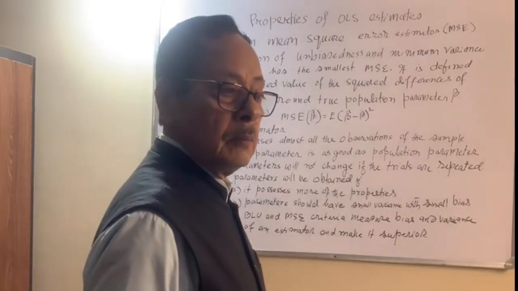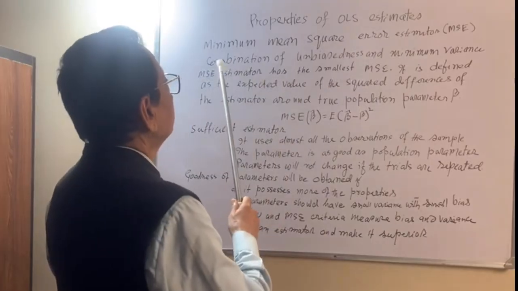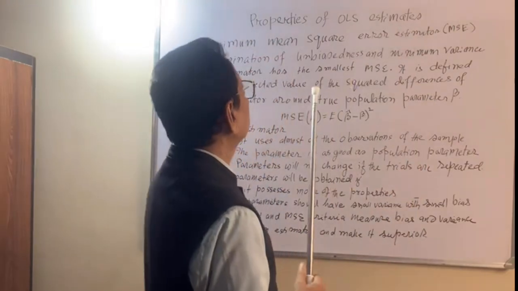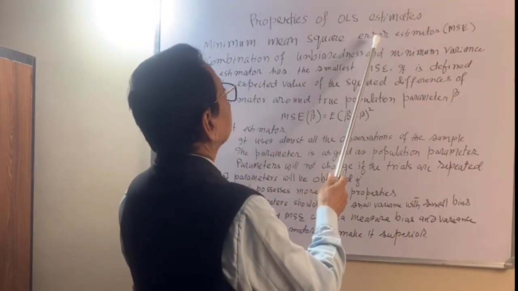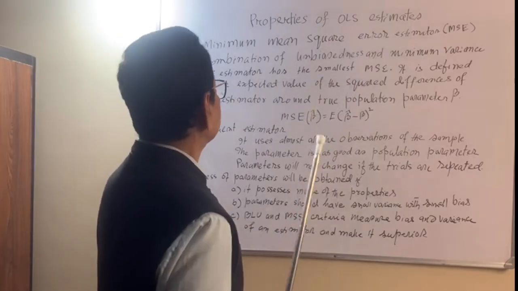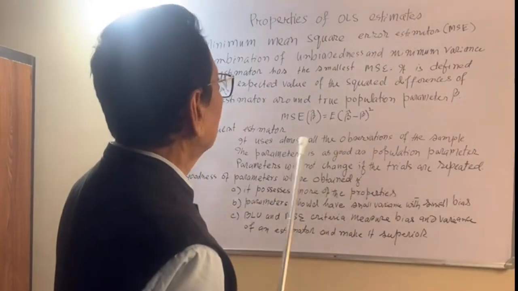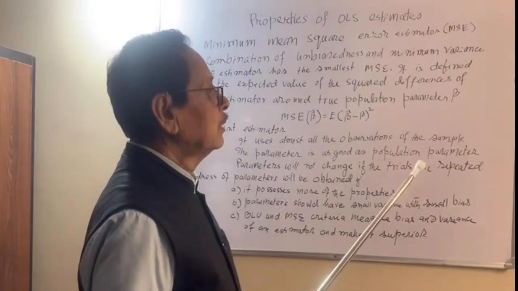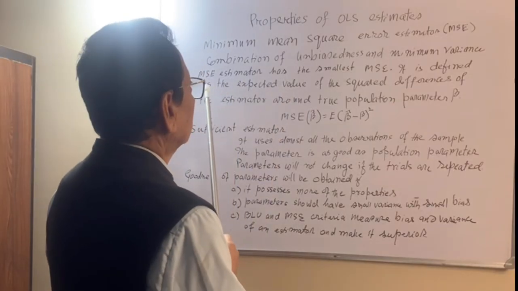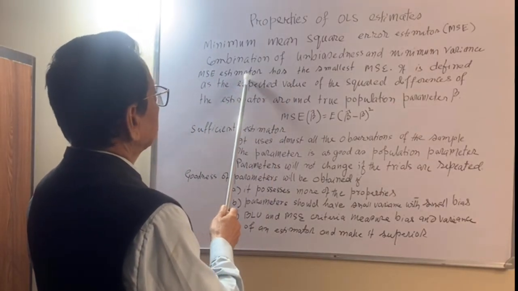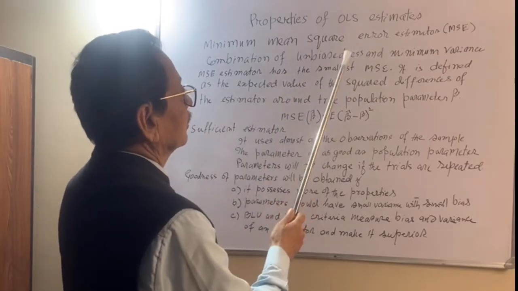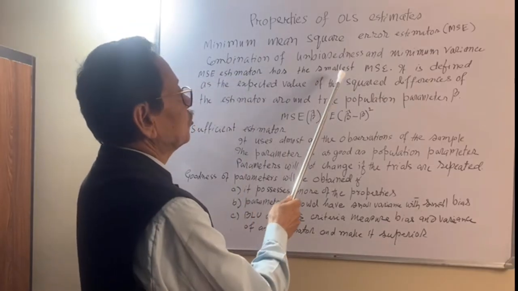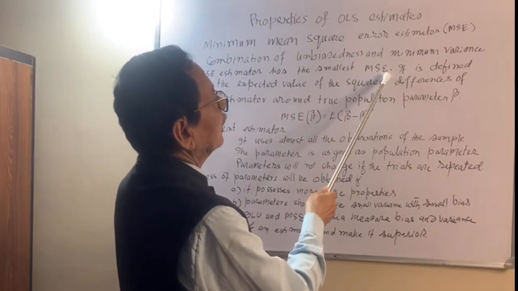Next is the minimum mean square error estimator, known as MSE. It is said to be the combination of unbiasedness and minimum variance, so the MSE estimator has the smallest mean square error.